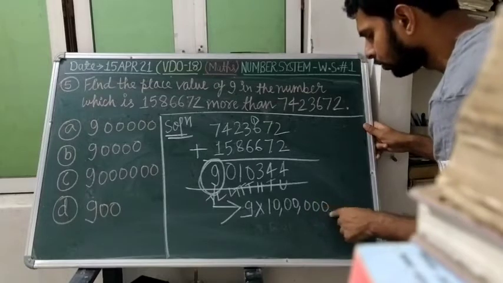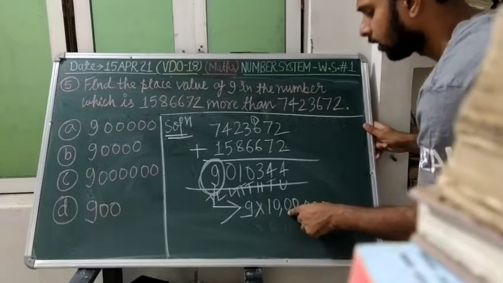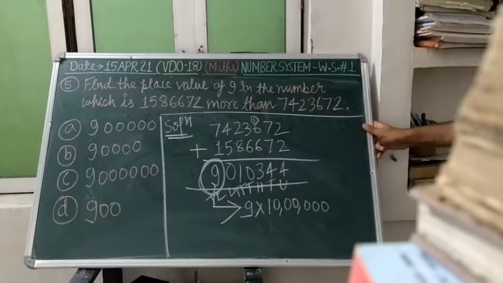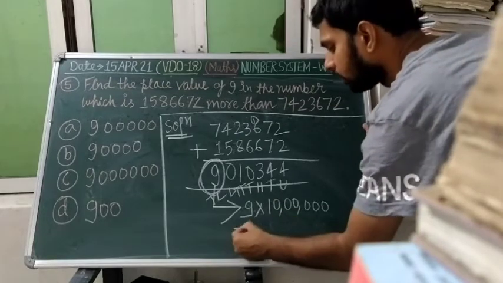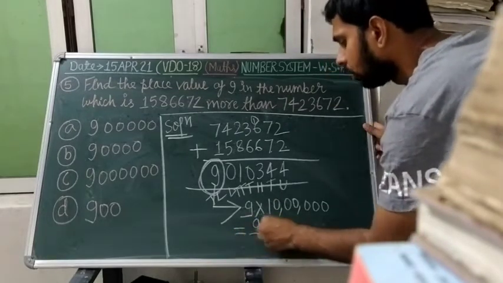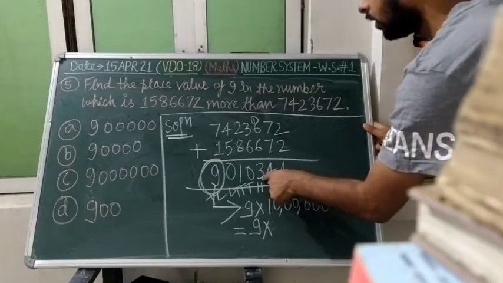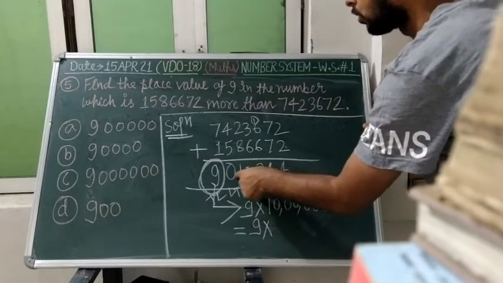Unit, 10, 100, 1000, 10,000, lakh, 10 lakh. So this will become 9 into how many zeros? 1, 2, 3, 4, 5, 6 zeros should become.